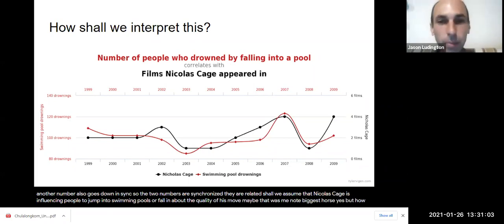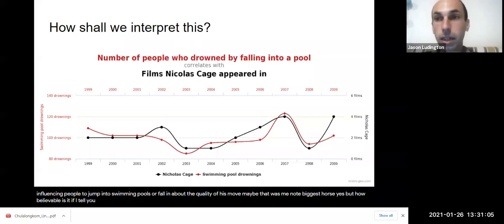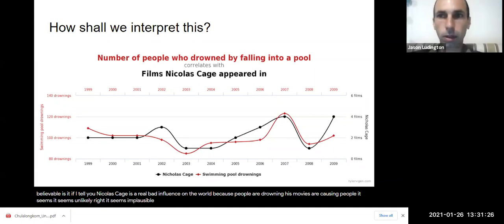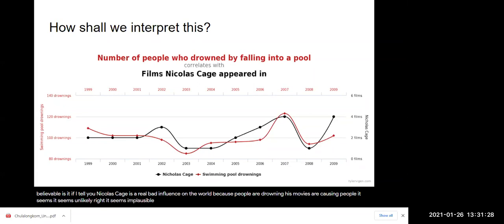Yes, but how believable is it if I tell you Nicolas Cage is a real bad influence on the world because people are drowning? There's no way that his movies are causing people to drown. It seems unlikely, right? It seems implausible. I hope so. I don't want this to be real.